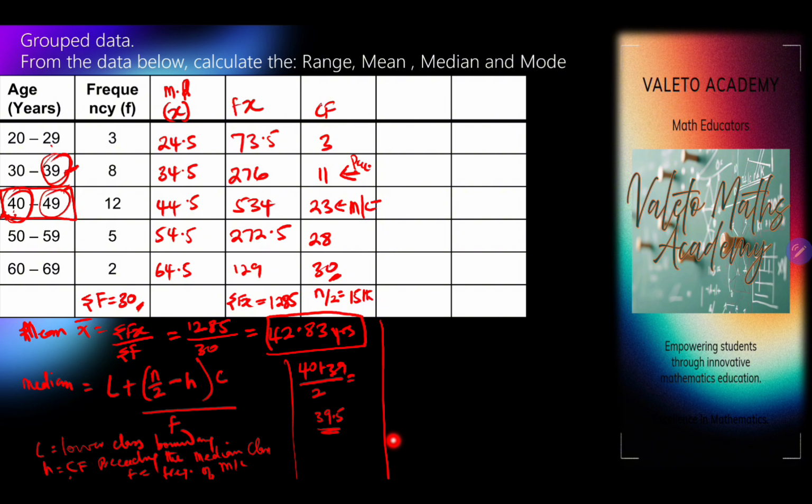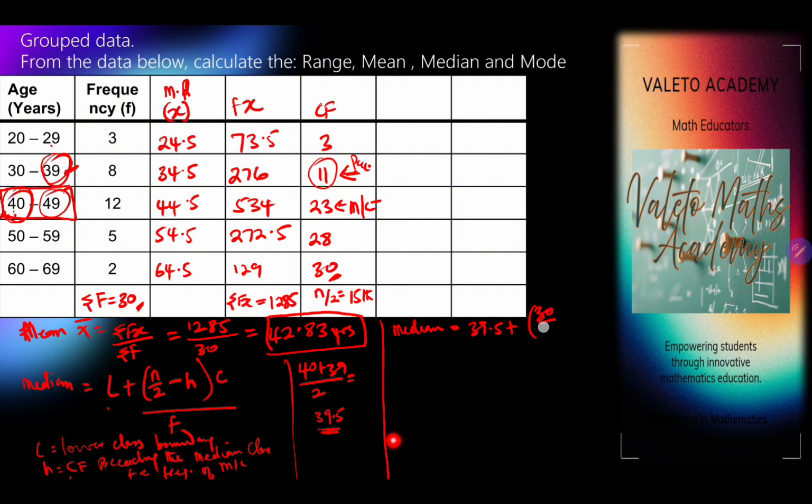Okay, H is 11 in this case, which is the cumulative frequency preceding the median class. So if we put all that into application, we're going to have L1, which is the lower class boundary, so our median will be equal to L1, which is 39.5, plus n over 2.